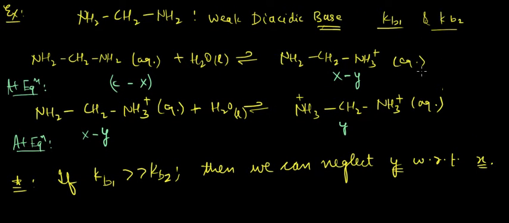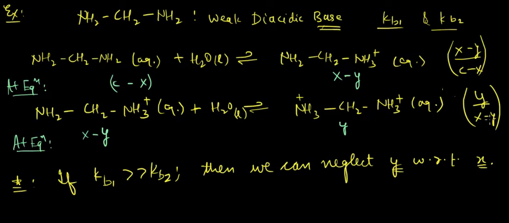Because as this reaction goes in the forward direction very little, Y upon X minus Y would be very much lower than X minus Y upon C minus X, which is nothing but Kb2 and Kb1. So this quantity would be very high, and Y would be small, so this implies that X would be greater than Y.